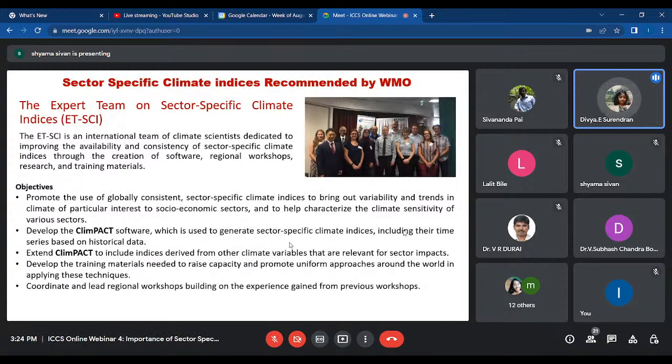On this idea, the WMO, World Meteorological Organization, has an expert team on sector specific climate indices. These indices are for improving sector specific applications in the different sectors.